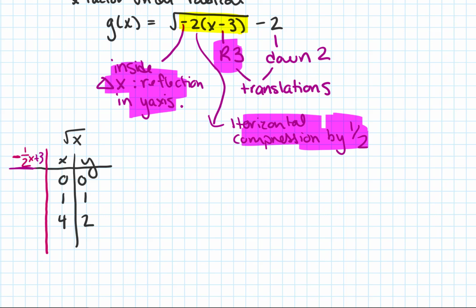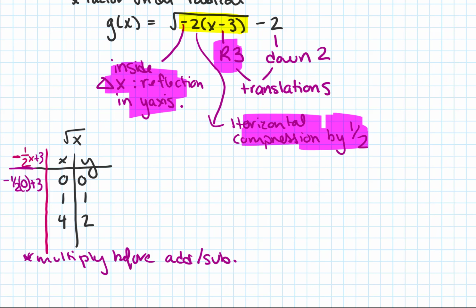You can break this up into parts. Just remember, you must do multiplication before addition or subtraction. So just think of your PEMDAS. So if I go through and I plug in a 0, I get negative 1/2 times 0 plus 3.